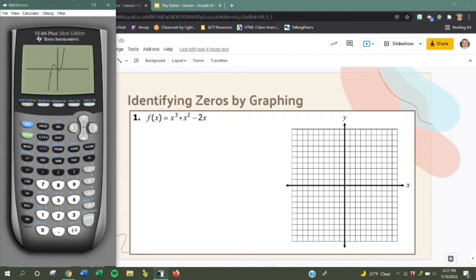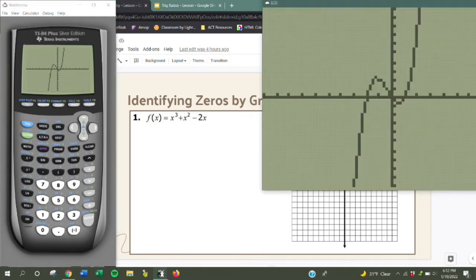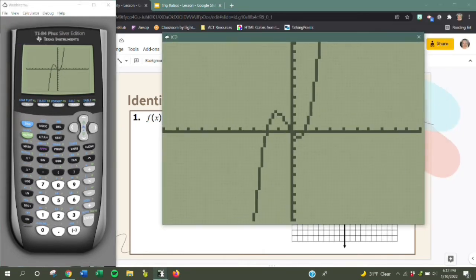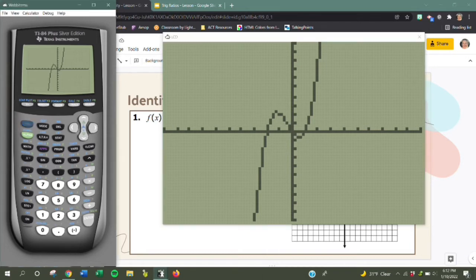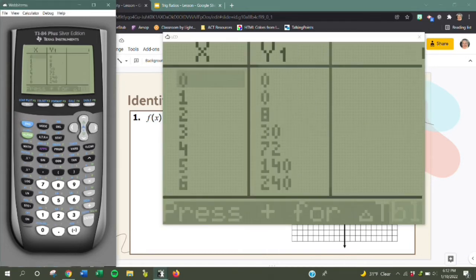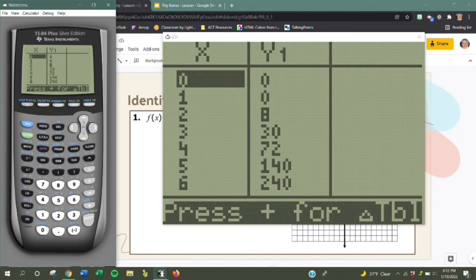So if we recall that zeros are the places where the graph touches the x-axis, we're going to see that our graph has 1, 2, 3 zeros. So we are going to go to the table and find the value of those 3 zeros.